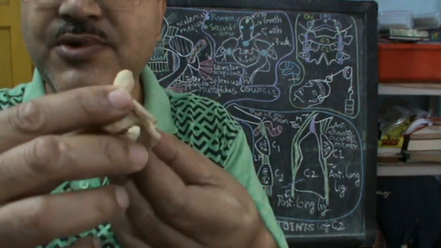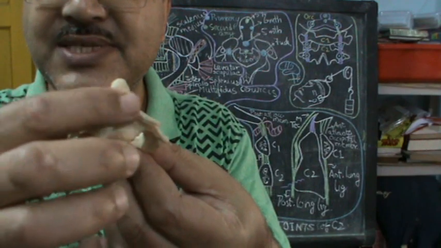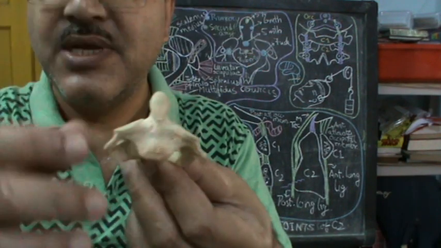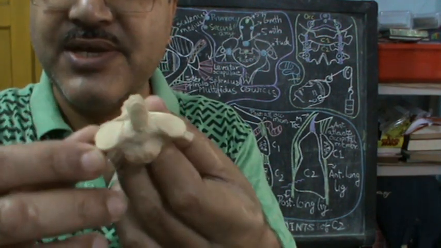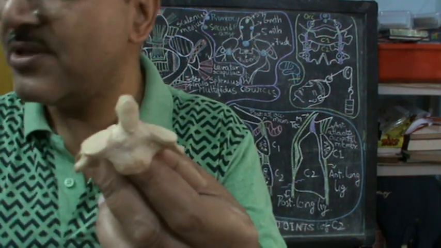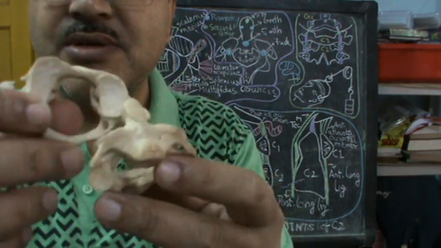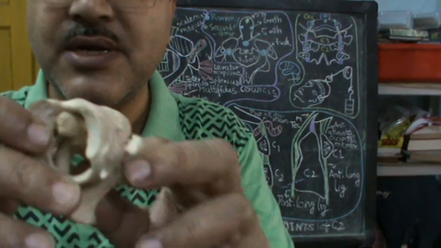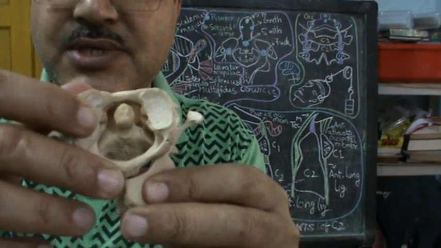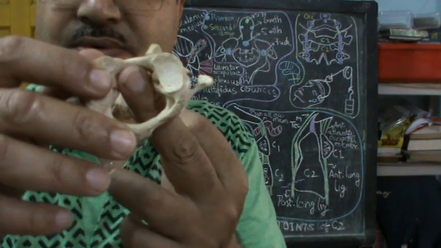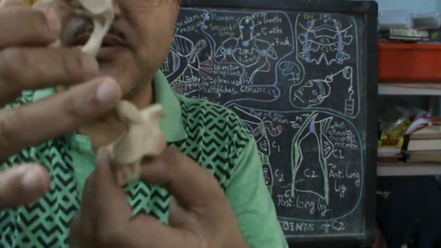Again, on the odontoid process over here you have a flattened facet for articulating with the posterior surface of the anterior arch of the atlas. Again, on the atlas, if you take another look, you can make out that this is how the articulation is. So there is a polished part over here and there is a polished part over here.